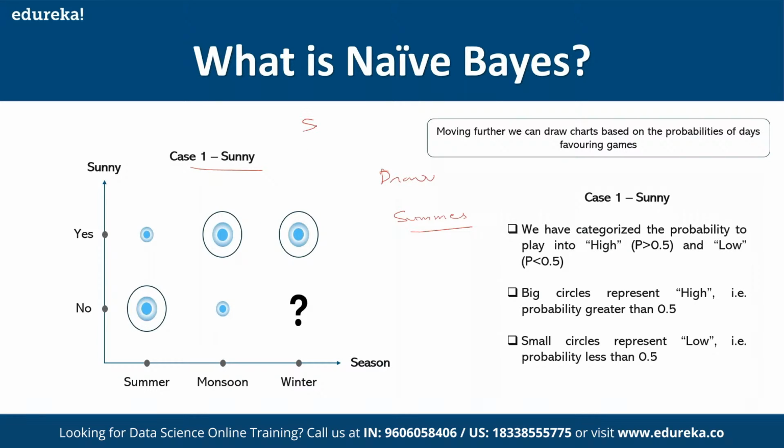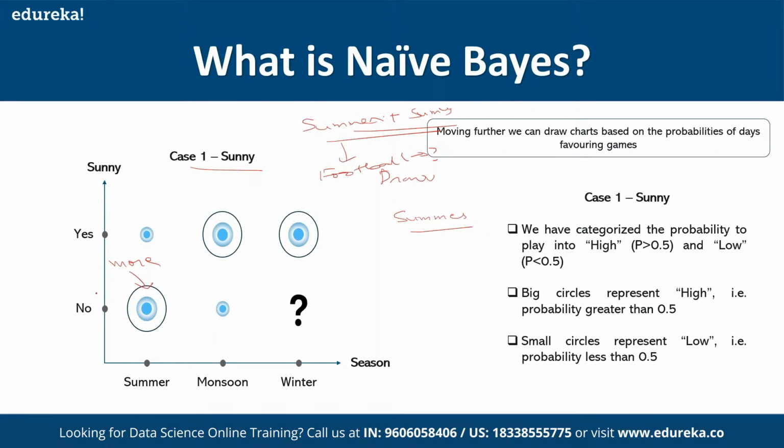Would you want to play football in this situation? How many of you would like to play football there? The probability will be more towards the no side. Can you see this?